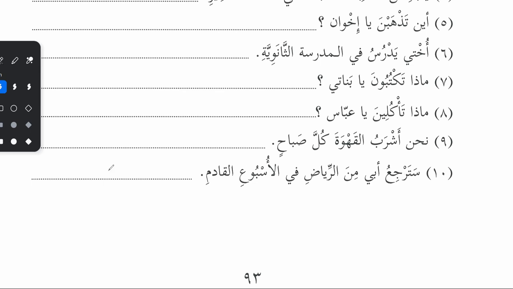Satarji'u abi. As this is satarji'u, the sin here is the harf mustaqbal used with the present tense when you are talking about something that will happen in the future. So this is called harf mustaqbal, and it just attaches as a prefix with the present tense before the harf mudare.